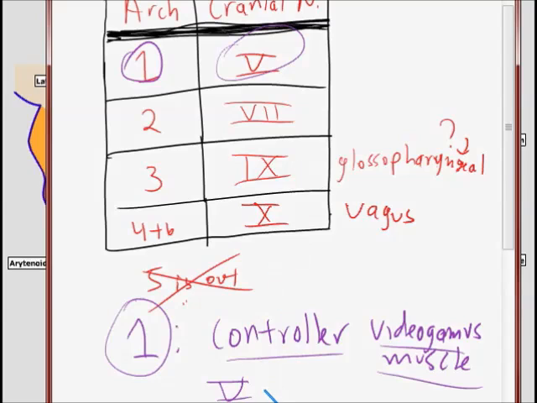I believe it's trigeminal, but again, don't quote me on these names yet. The muscle came from arch number 1, and arch number 1 is innervated by cranial nerve number 5, so it only makes sense that a trigeminal nerve would innervate the controller video games muscle.